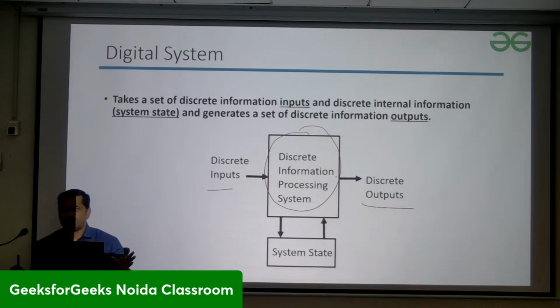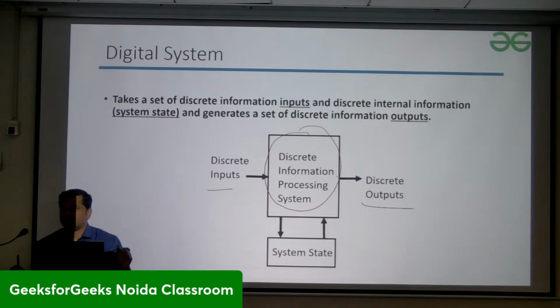A digital system requires an input and produces an output, and it requires discrete input. Take a calculator, for example. It has a certain digital input and produces a discrete output.